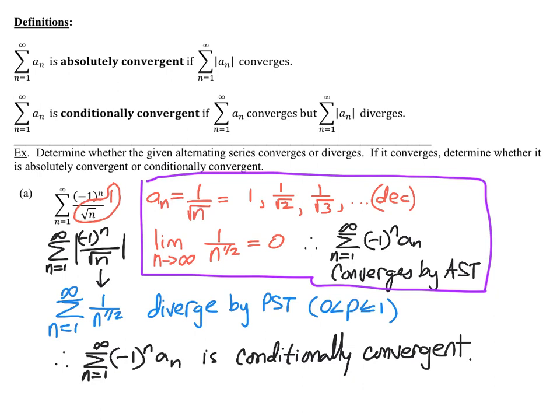So from a student standpoint, you're rooting for divergence because that means you get to stop here, all right? So once you establish that it does converge, then find the absolute value of your original series and determine whether that converges or diverges. Whether it converges or diverges will dictate whether the original series is absolutely or conditionally convergent.